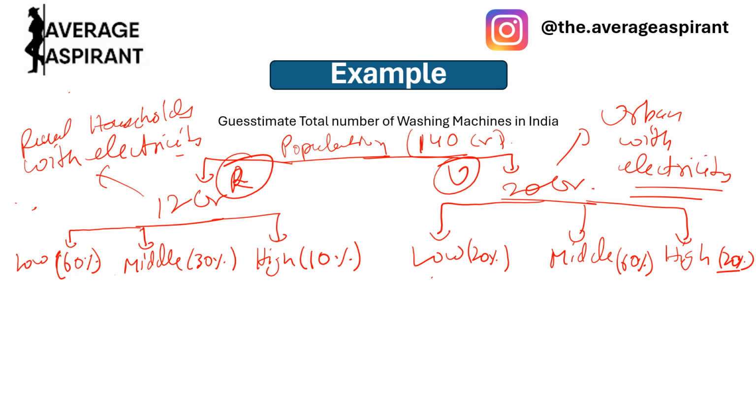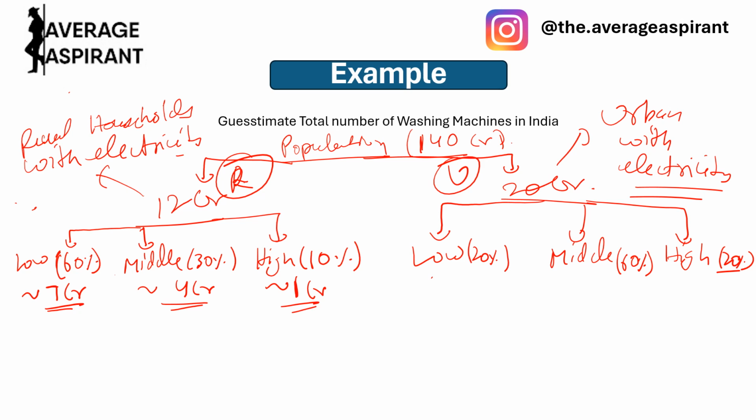So now let's break down the numbers. 12 CR, 60%. How much would it be? 12 into 6, 72. So we are taking close to 7 CR. Middle we will take close to 4 CR. Just tell them I am assuming these numbers. I'm just rounding them off so that my calculations are correct.